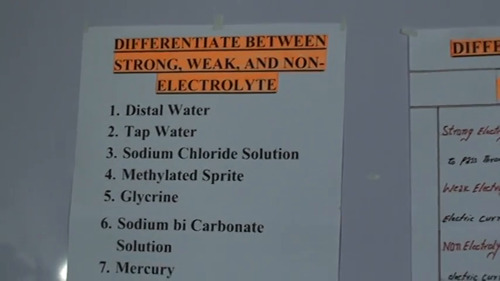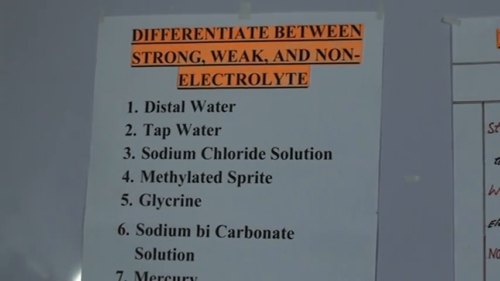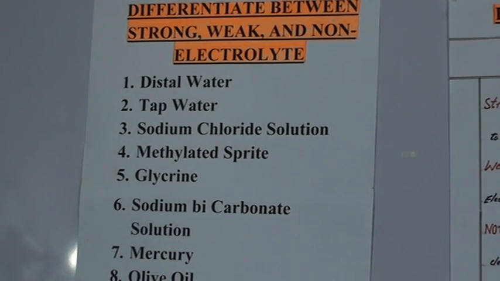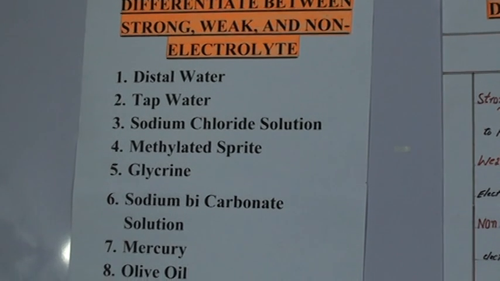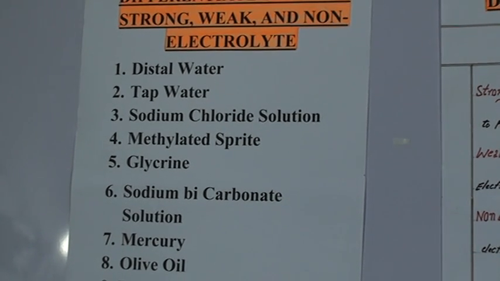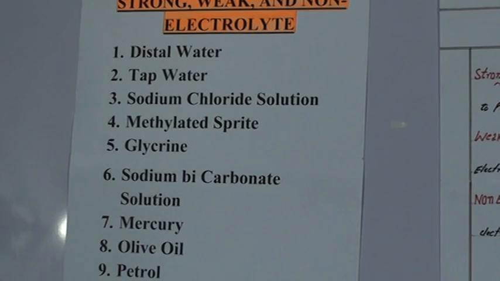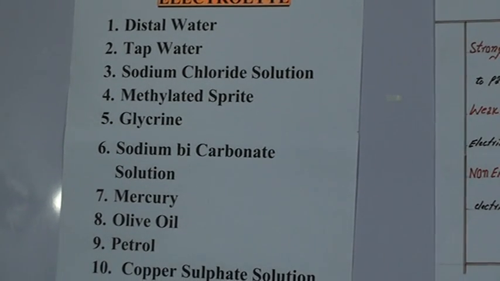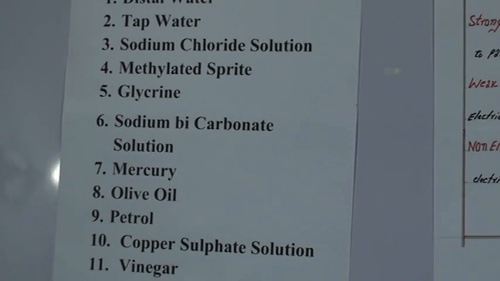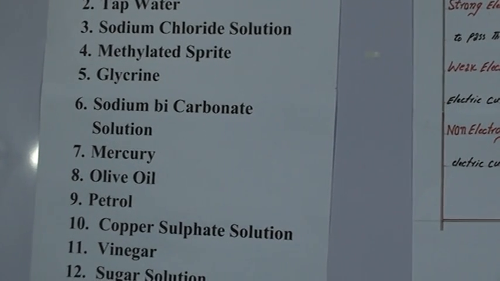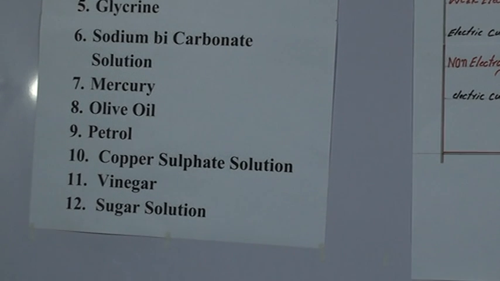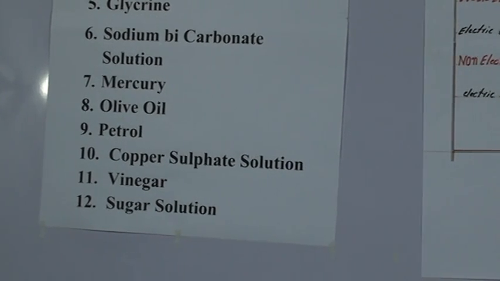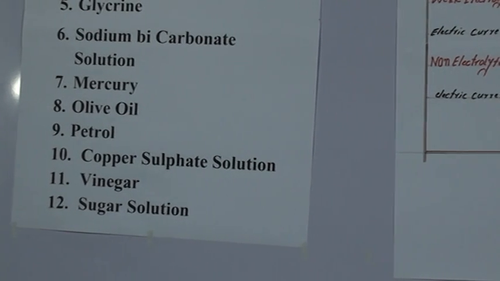So you can see distilled water, tap water, sodium chloride solution, methylated spirit, glycerine, sodium bicarbonate solution, mercury, oil, petrol, copper sulfate solution, vinegar, and the last one, sugar solution.